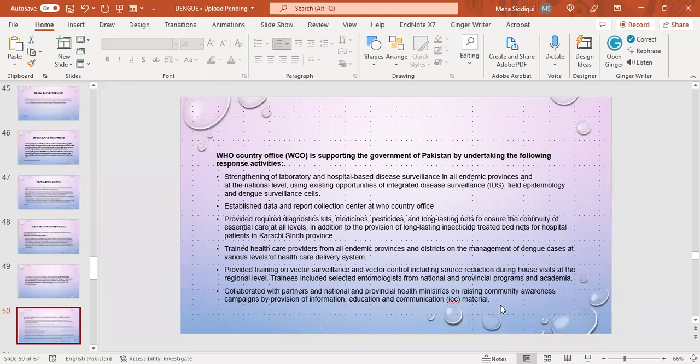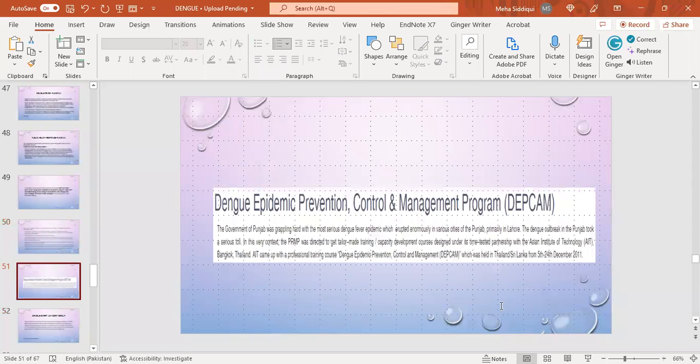Trainees included selected entomologists from national and provincial programs and academia. They collaborated with partners and national and provincial health ministries on raising community awareness campaigns by providing information, education, and communication material.